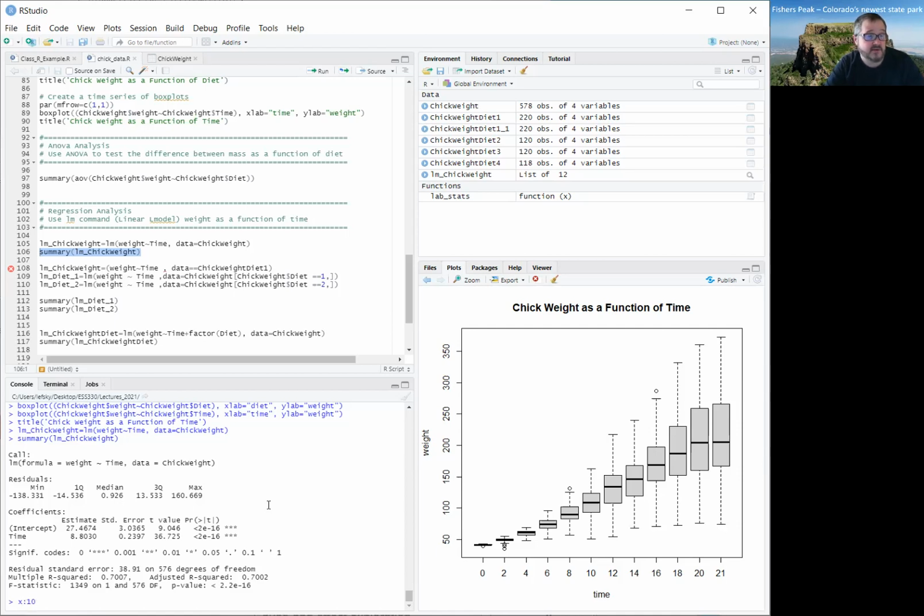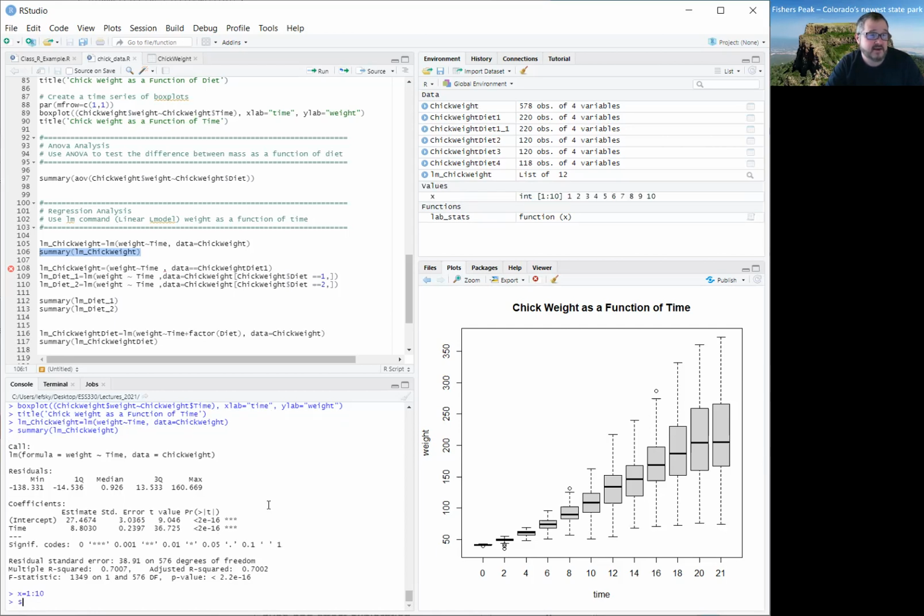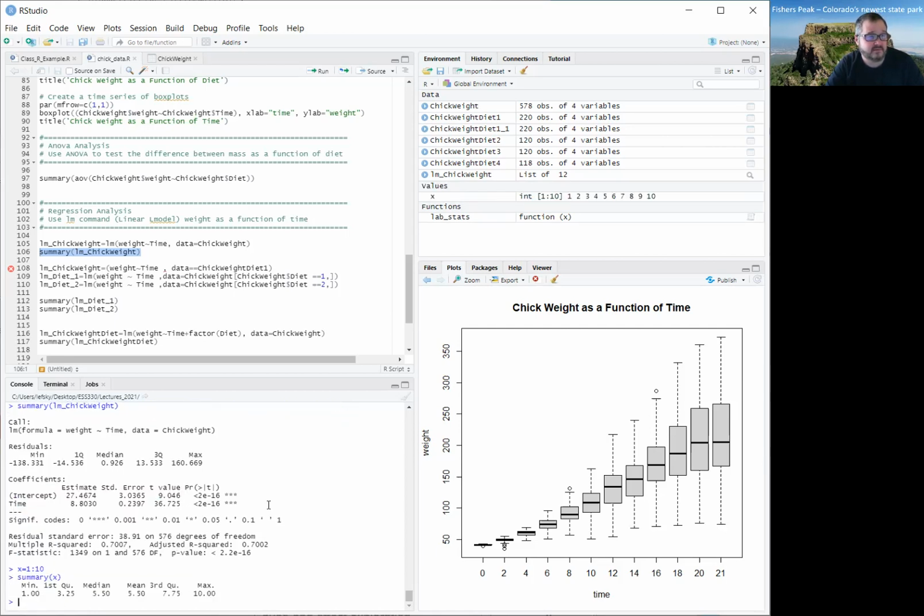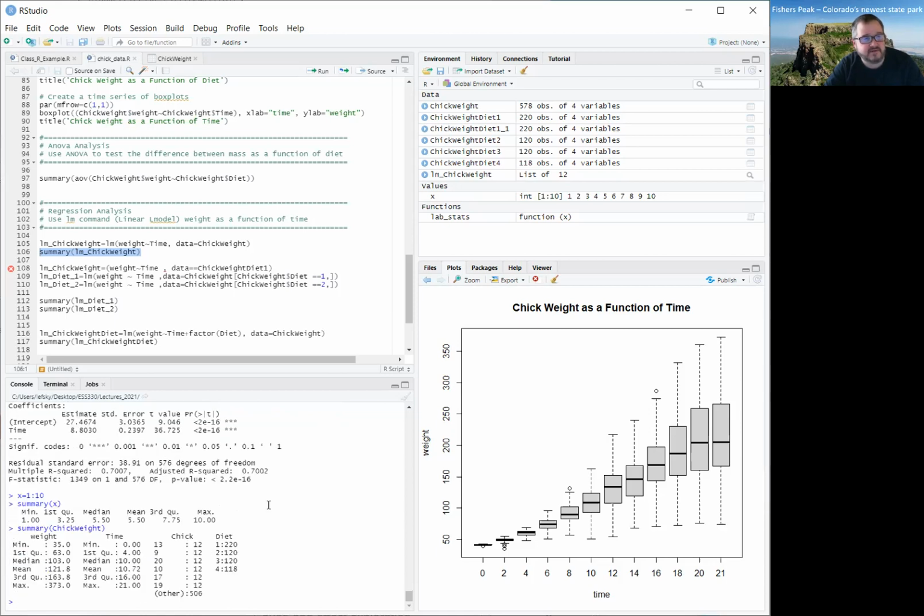So let's see, if we do x is equal to 1 to 10, and we say summary x, it gives us those statistics. If we say summary and we want summary information on ChickWeight, that original data set, it's going to go, oh, that's a data frame.